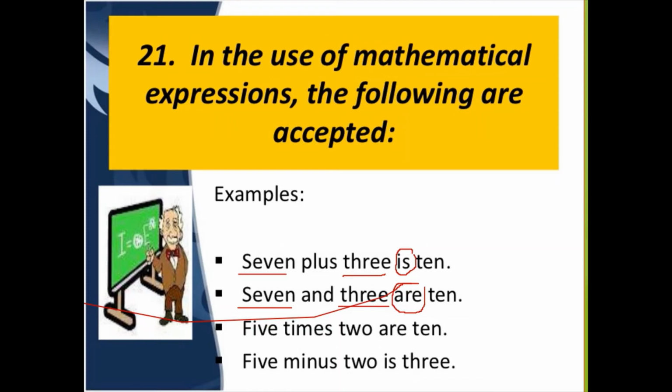In the third example, 5 times 2 are 10. The verb used is are because you are multiplying 5 and 2. When you are multiplying 5 and 2, it must take a plural verb.